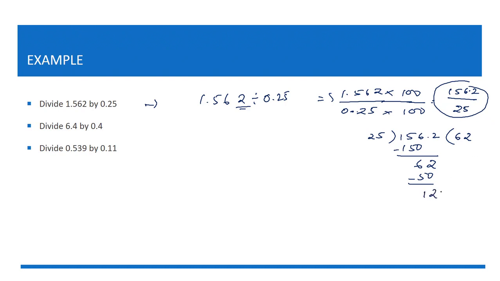Again I can take 0 after the decimal point, and here you have to place the decimal. Now 124, that is 100, I get 20. I can place one more 0, so 200. So the answer for 1.562 divided by 0.25 is 6.248.